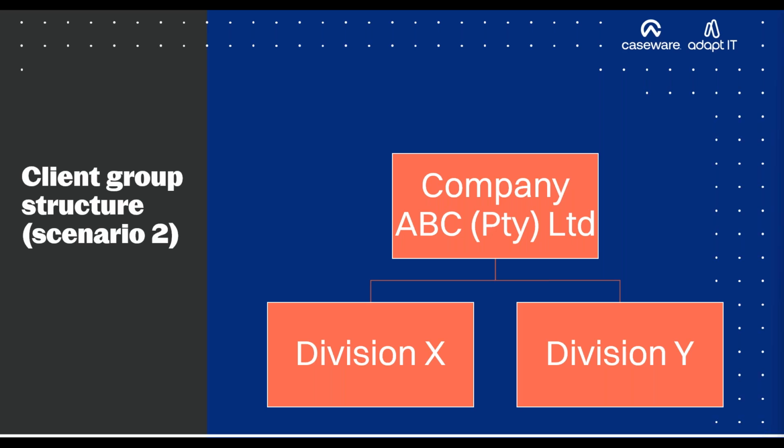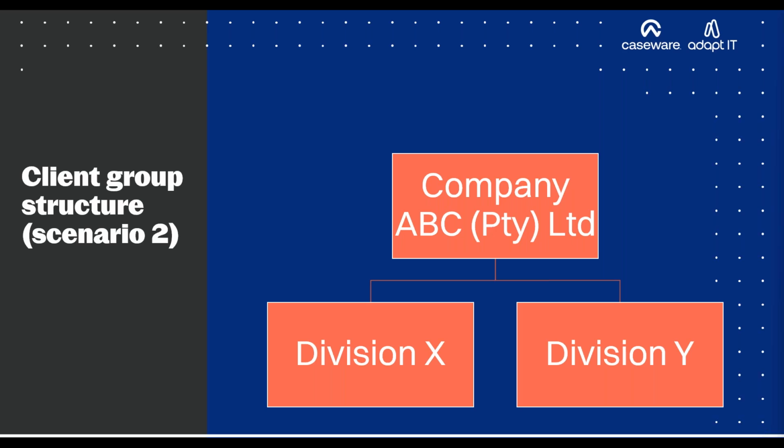And then in order to compile the financial statements for the company, there is a process of consolidation. Remember that definition we had earlier on? The company's financial statements are prepared through the consolidation. So as the auditors, we need to audit that consolidation, and that makes this one a group audit.